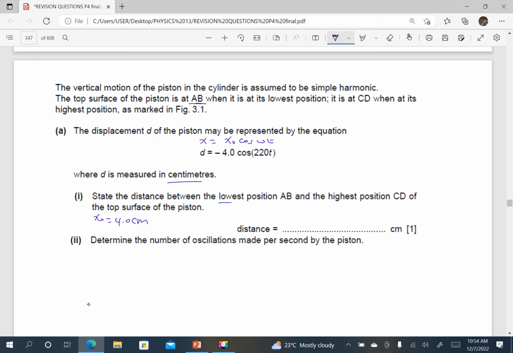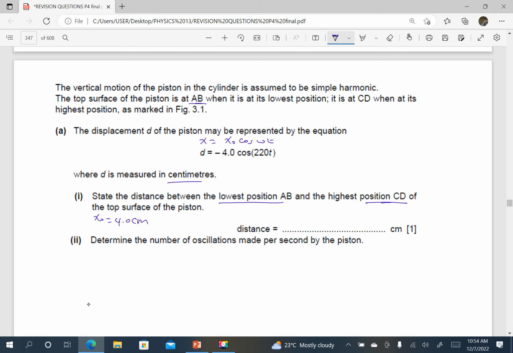But we want the distance between the lowest and the highest. That means it is twice, because moving from the lowest to the highest is half a cycle.